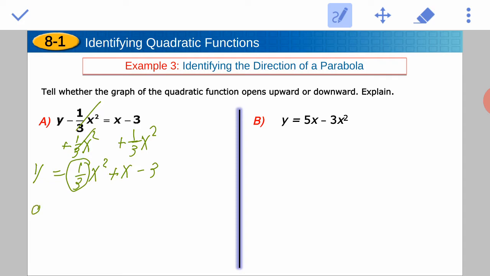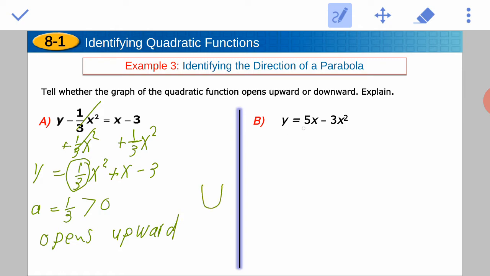Because a equals 1/3, and this 1/3 is greater than 0, it's a positive number. Yes, it's a tiny fraction, but still a positive number. So this parabola opens upward. So it's a happy face parabola like that.